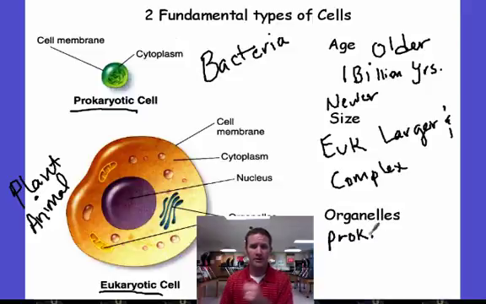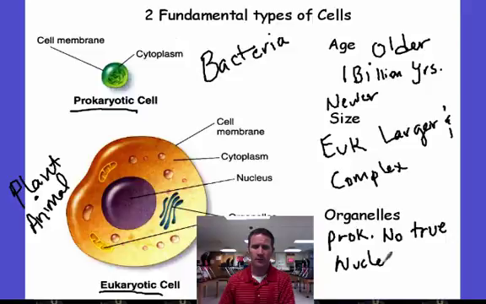In terms of the organelles, the prokaryotic organism has some organelles, but it would certainly have less. The predominant difference is that it has no true nucleus.